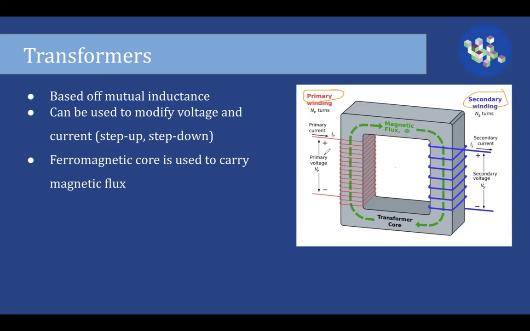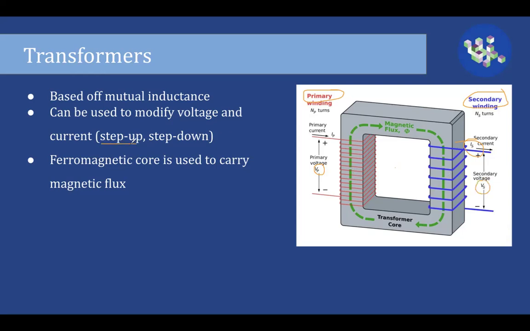If we run a current through this, from the previous slide we know there'll be a current in this one, I_S. In this way, we can change our first voltage, across the first solenoid, to a second voltage.